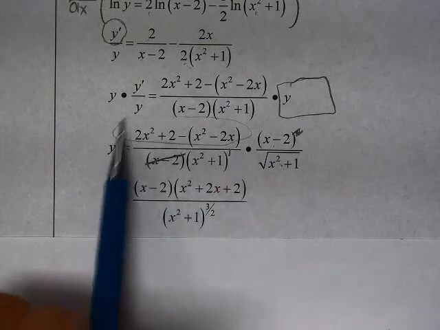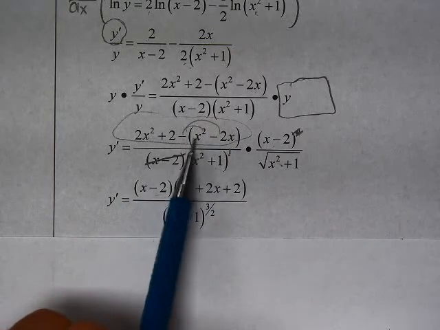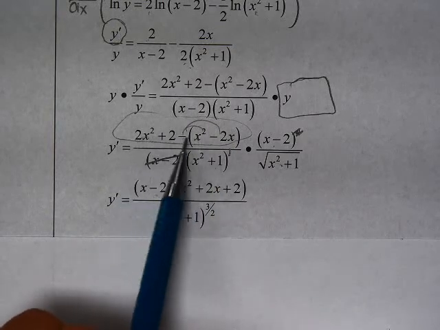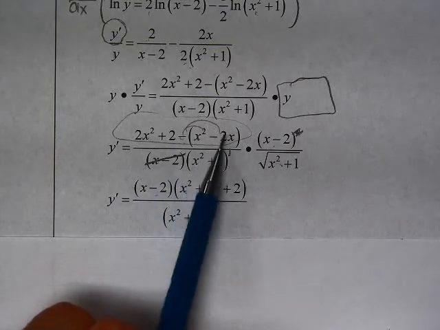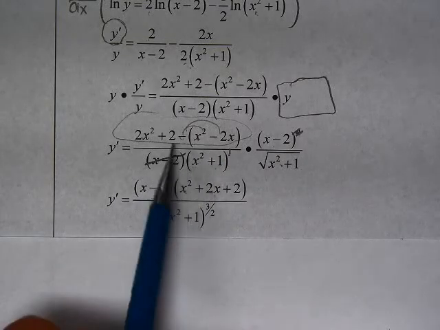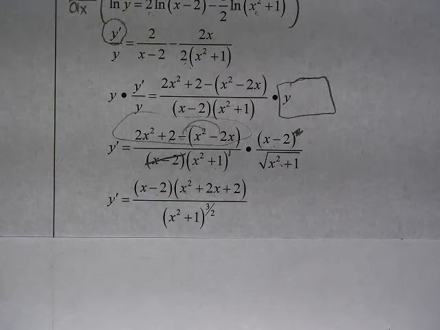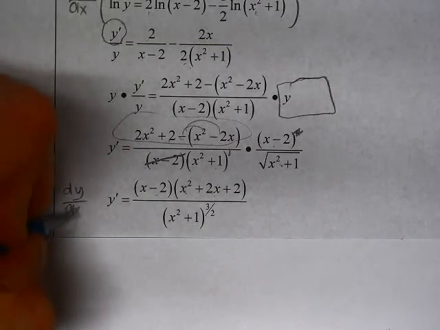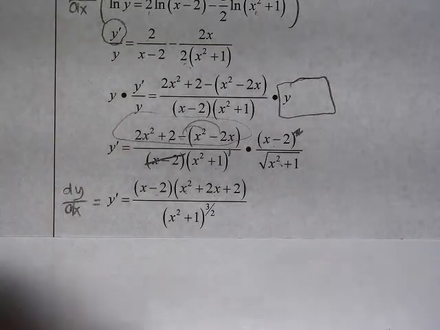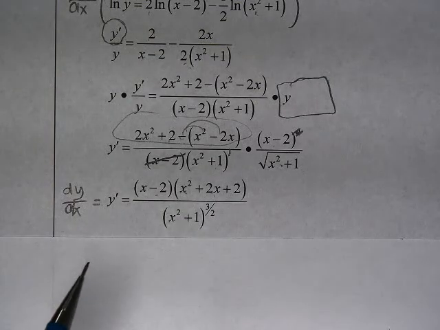And I've just distributed this negative, so I get minus x squared. So 2x squared minus x squared is x squared. Negative times a negative is 2x, so it's plus 2x plus 2. So that is dy dx. dy dx is just y prime, so there's my derivative.